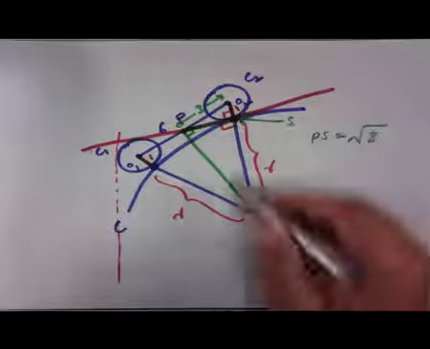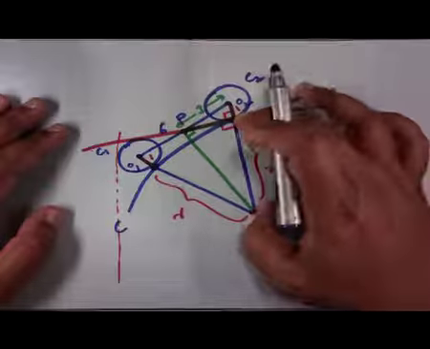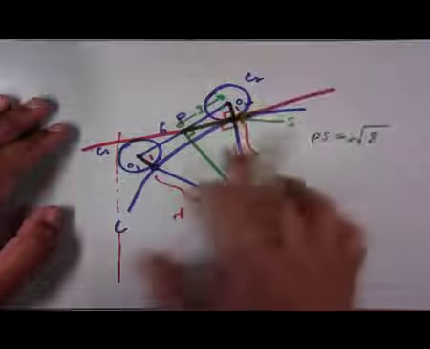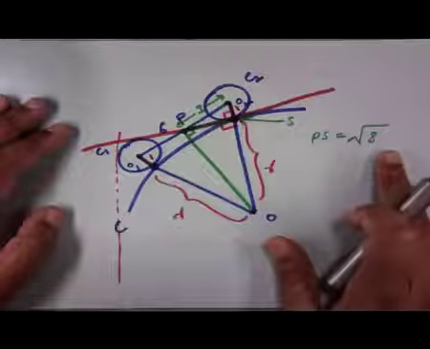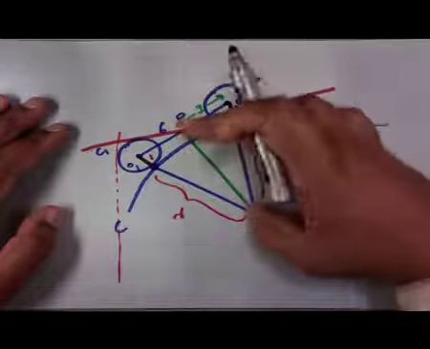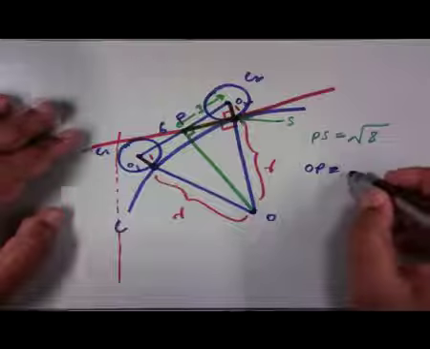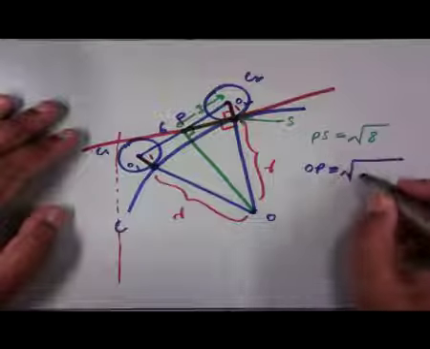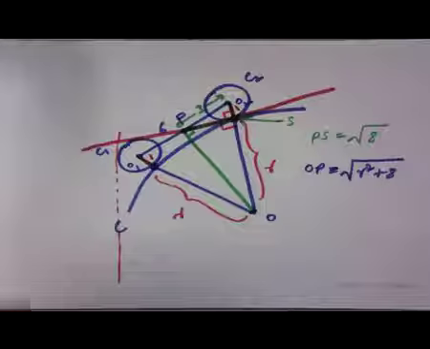And in this triangle PSO, we have one side of length R, the other side PS is square root of 8, and therefore, the hypotenuse OP will be equal to, again by the Pythagoras theorem, square root of R square plus 8.